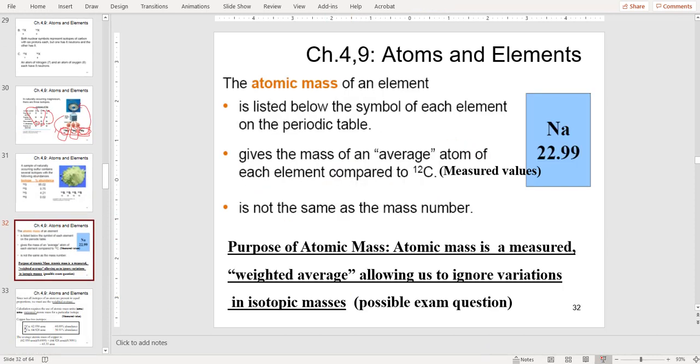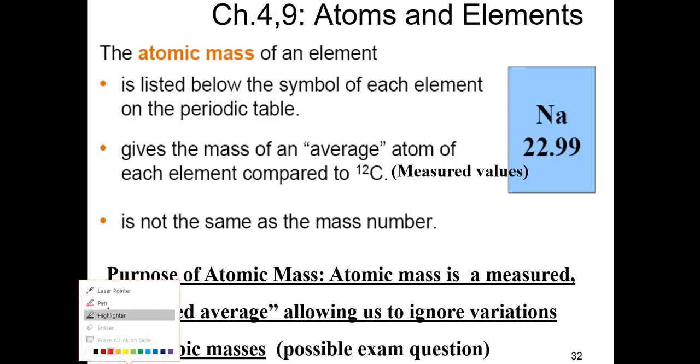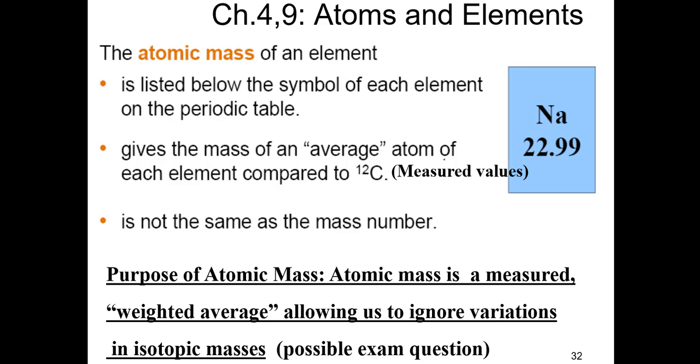So scientists wanted to figure out a clever way of not having to worry about isotopes and weight, because we do a lot of weight measurements, figuring out the mass whenever we do our chemical experiments. So what we decided to do as a chemical body all over the planet was to find the average isotopic mass weight.